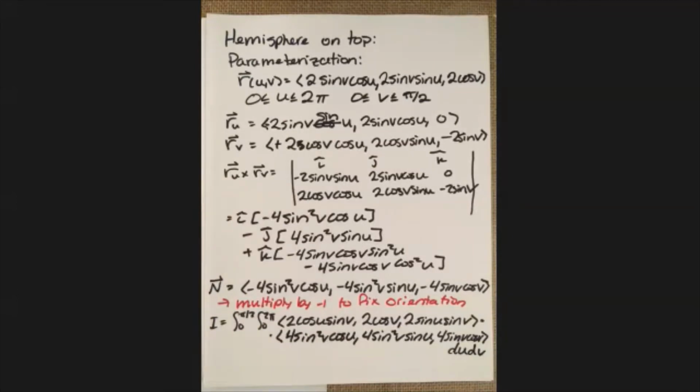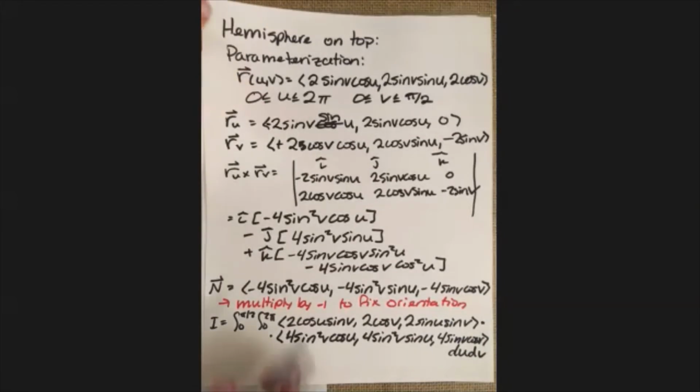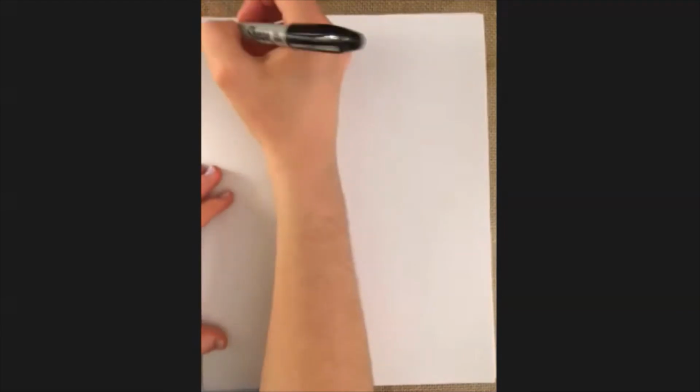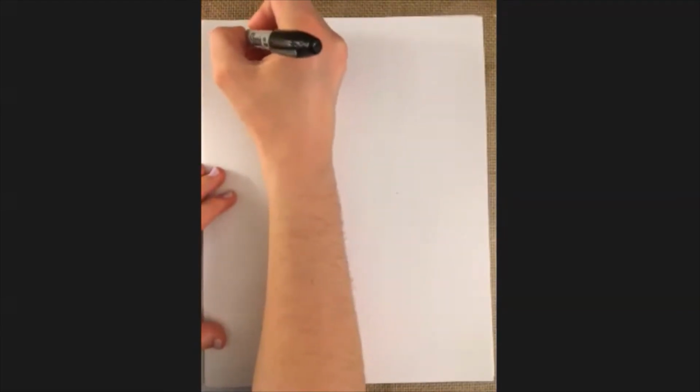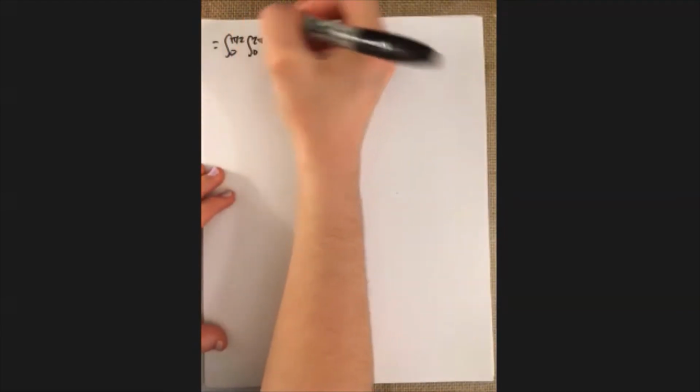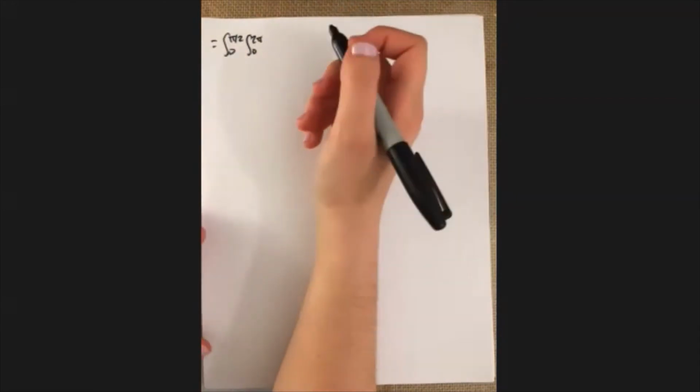Okay, so let's go ahead and compute this integral. This is equal to the integral from 0 to pi over 2, integral from 0 to 2 pi. The first thing to do is compute that dot product.